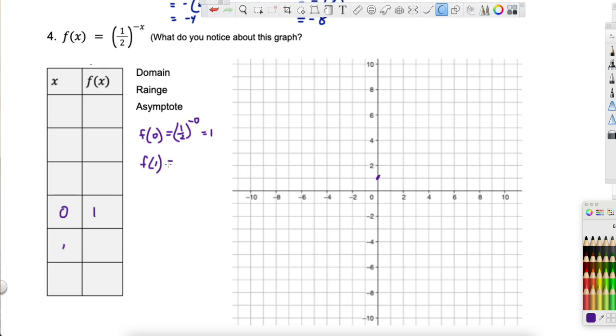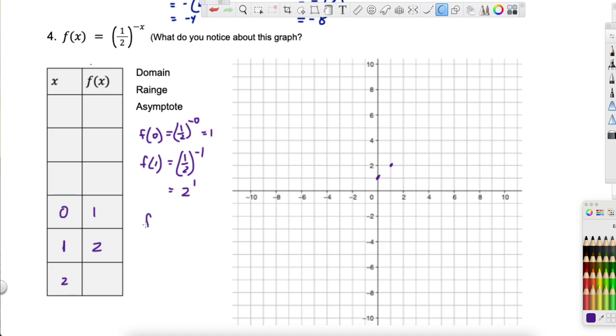Let's try 1. 1/2 to the negative 1. Okay, so to make this a positive exponent, we take the reciprocal. 2 to the first is 2, so I've got 1, 2.